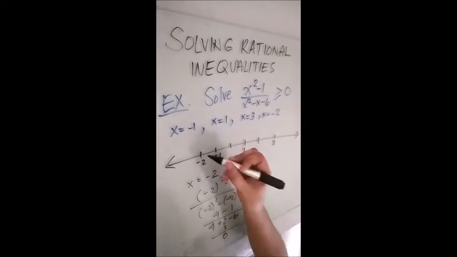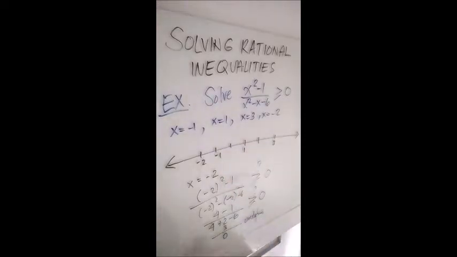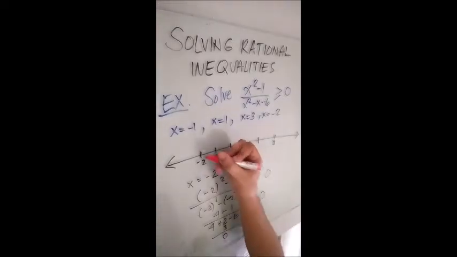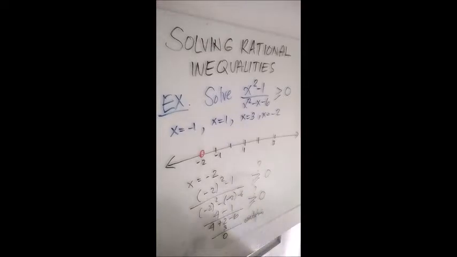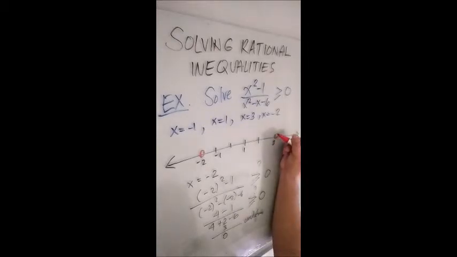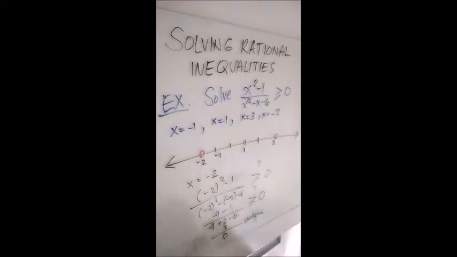So it means this is not included; it is a hollow number. Also, when x is equal to 3, this is also hollow, since that will make the expression undefined.